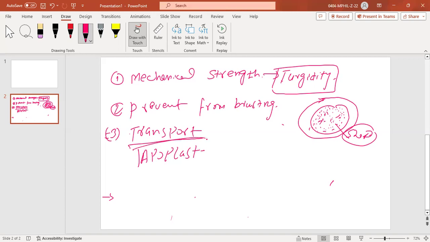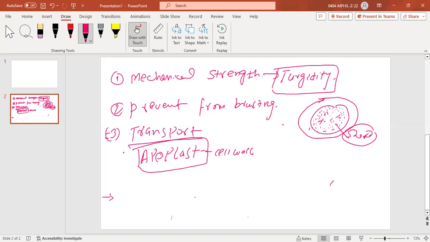This pathway of transporting water from one cell to another is through the cell wall. We will discuss its detail later, but right now we just need to know there is a route through which water moves from one cell to another, that is the apoplast, and it is through the cell wall.